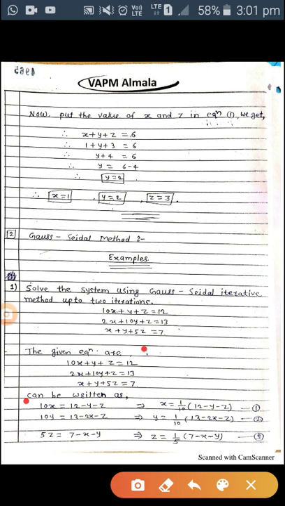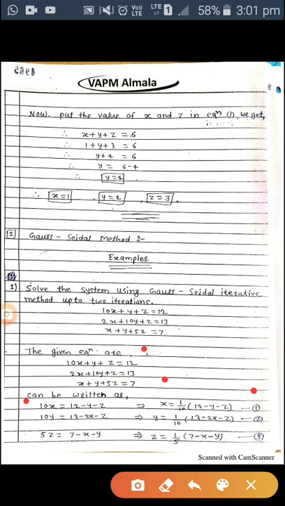Write this equation in the form of x, that is 10x = 12 - y - z. This implies that x = 1/10 (12 - y - z). That's equation number 1.